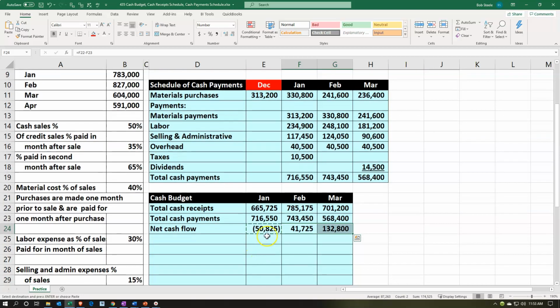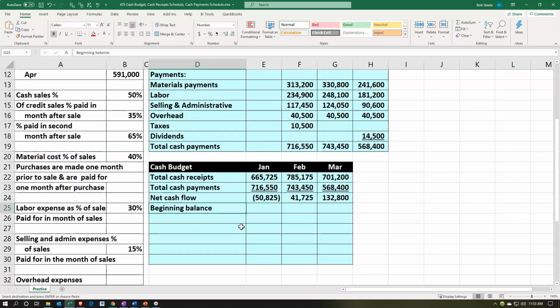Now this is the flow. We had a negative flow and then a positive flow. Let's put an underline, selecting these three cells, Home tab, font group, put an underline there. And then we're going to be adding to this our beginning balance. Now the beginning balance for any month is going to be the ending balance for the prior month, but we're going to need some place to start.